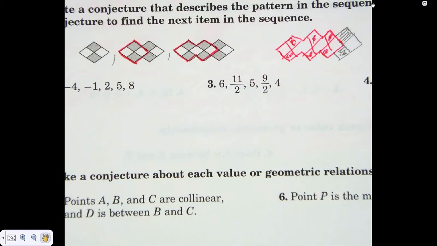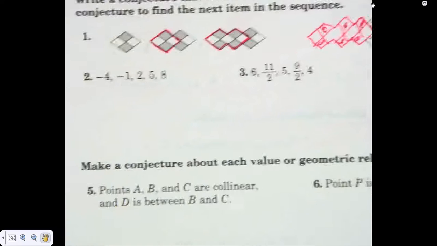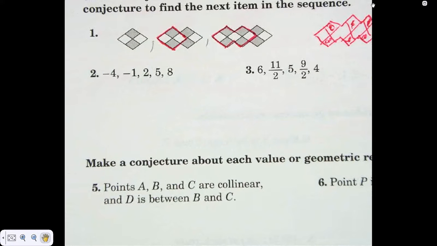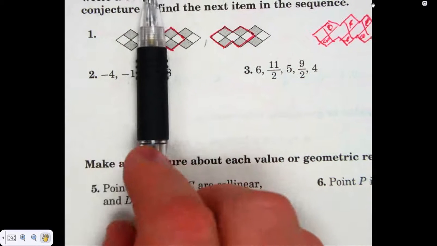Now, let's look at number 2. Sometimes they're going to be very easy, but basically, look at it like this.